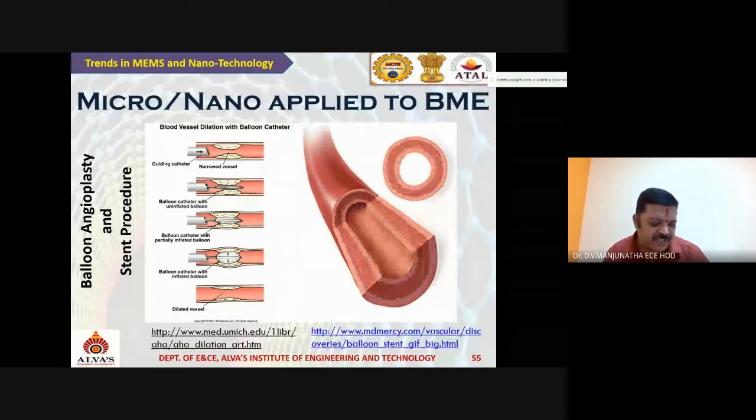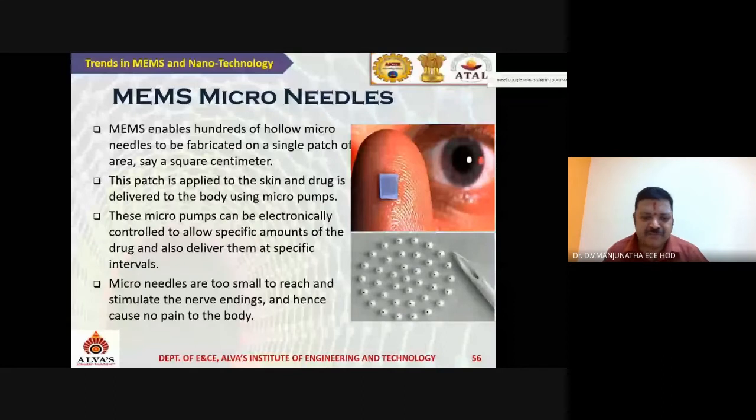Suppose many patients are admitted for 6 months, 7 months, 1 year. In such situations, if manually you give the needle every day, 2 or 3 injections to the patient, then that itself will cause the patient a lot of pain. To avoid that, MEMS micro needles have come into the picture.